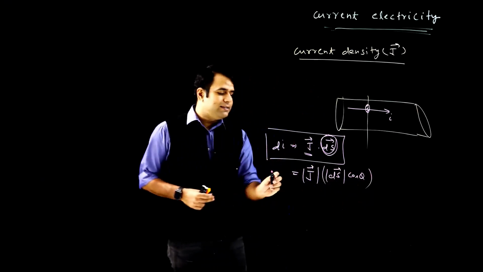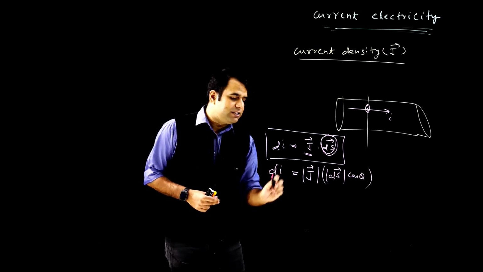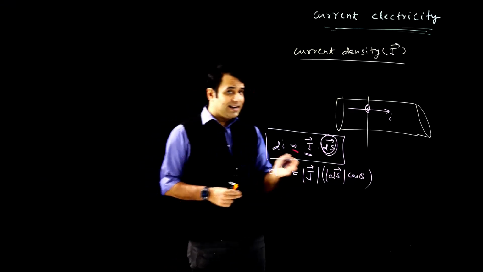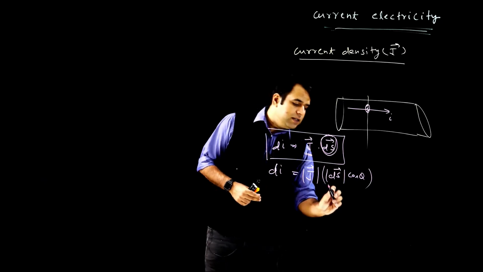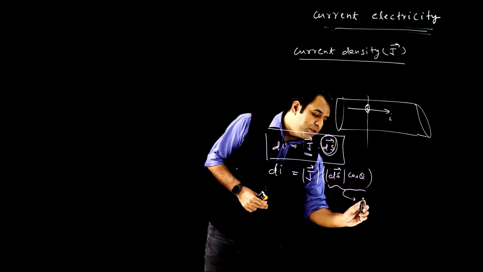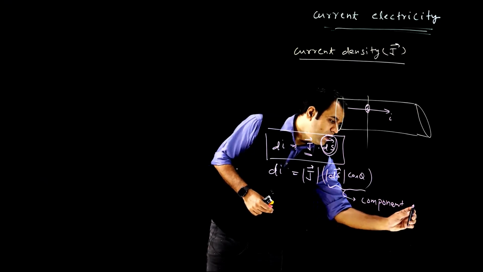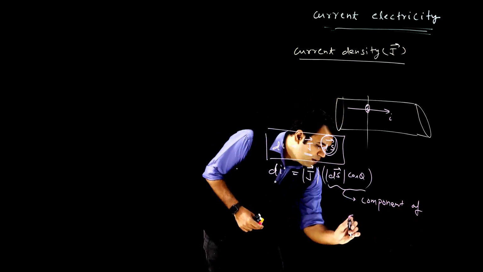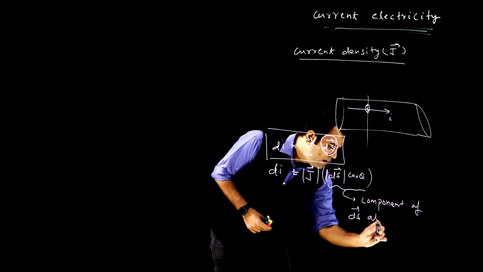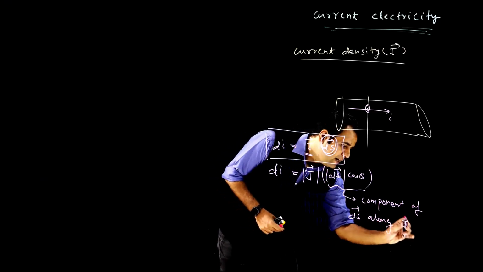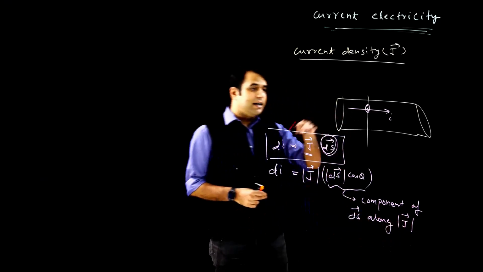So this dI is equal to mod of J, the current density, multiplied with the component of dS along J, and along J is the direction of current.